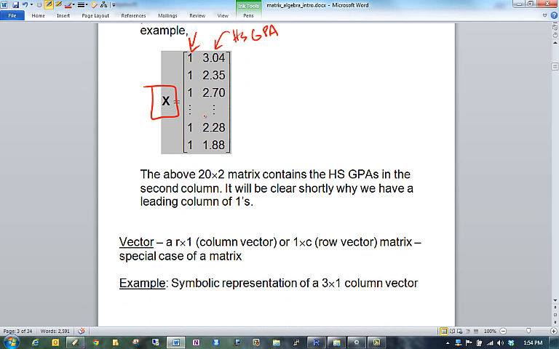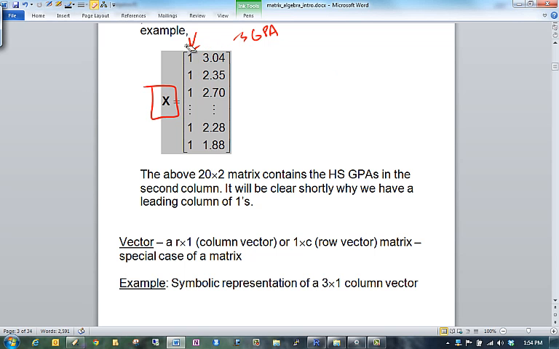A special case then of a matrix is called a vector. So if I simply looked at one column here of my X matrix, I could consider that to be what's called a column vector. I could also do that with this set of 1s there. This is one column vector.